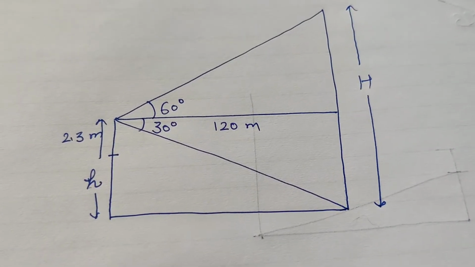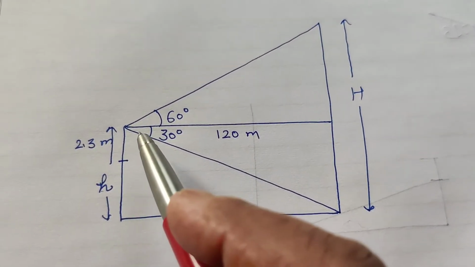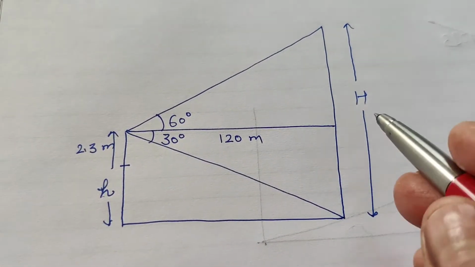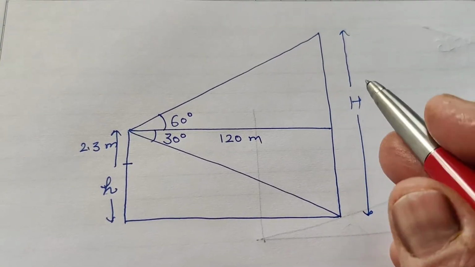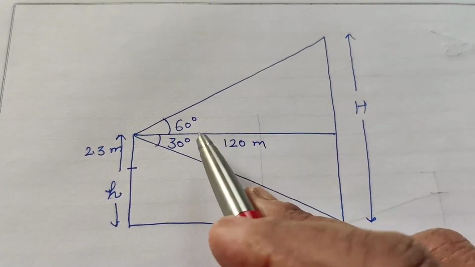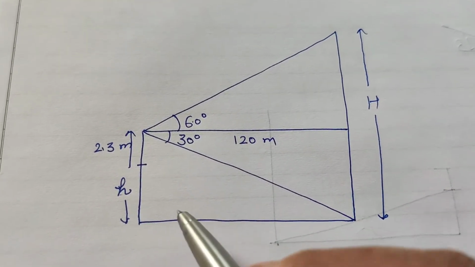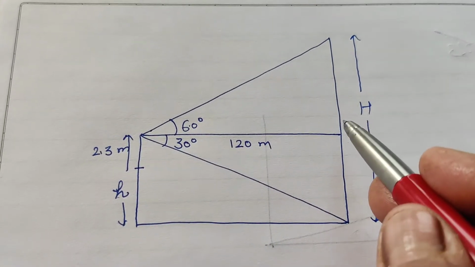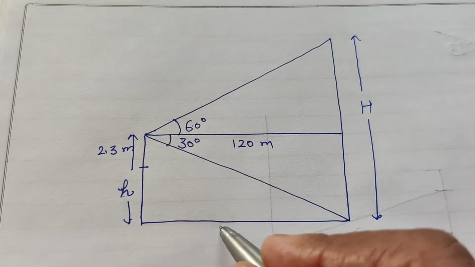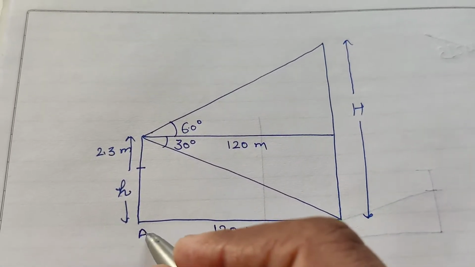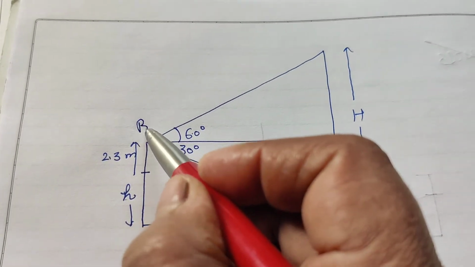This is the figure. H is the height of the building including Ramlal, and capital H is the height of the Sky Tower. Angle of elevation is 60 degrees and depression is 30 degrees. The distance between Ramlal and the tower is 120 meters, therefore this distance is also equal to 120 meters. Suppose this is AB.